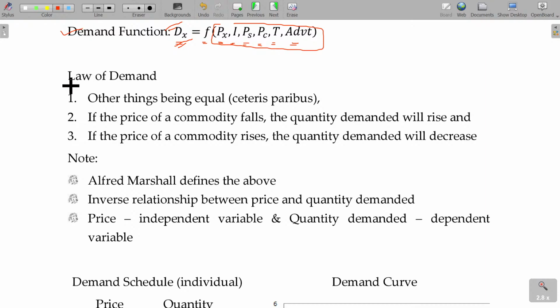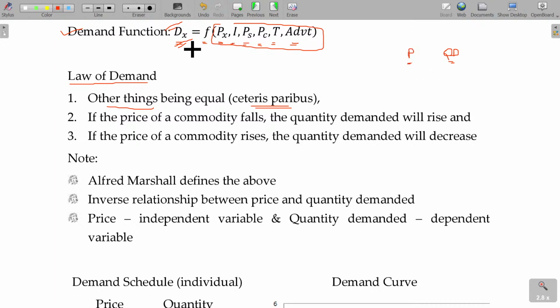Then we have the law of demand. In this class, my focus is to make you understand the law of demand. When it comes to the law of demand, remember, other things being equal, otherwise ceteris paribus, we link the change in quantity demanded with respect to the change in price only.